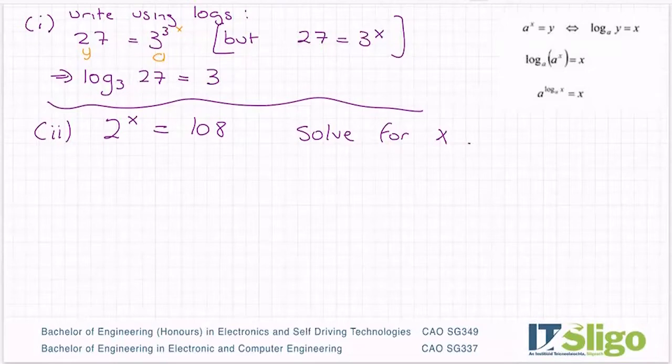So this is where logs come out on their own. Again, I'm going to map the letters: A to the power of X equals Y. And then write it using the log, so write it using this side now.